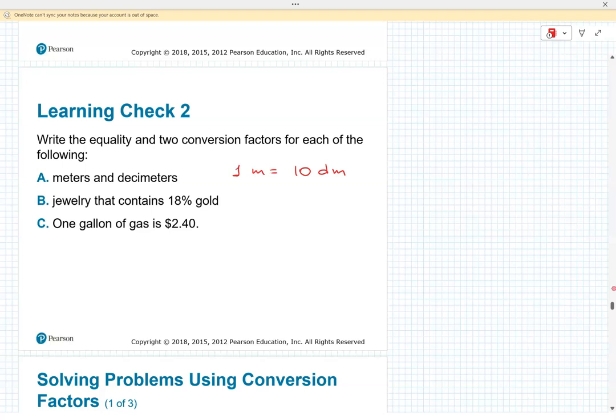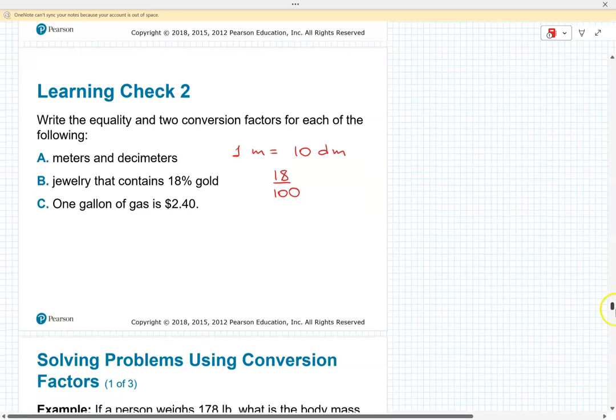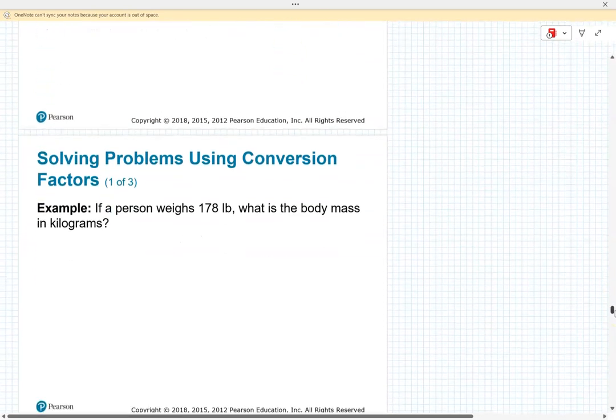Yes. So that's a conversion factor. Percent. Okay? And we already did gallons, so I'm not going to waste our time on the price that is not coming back anytime soon. That's perfect.